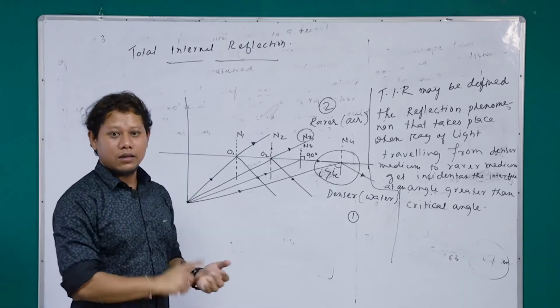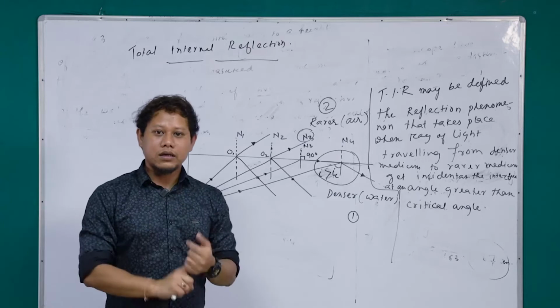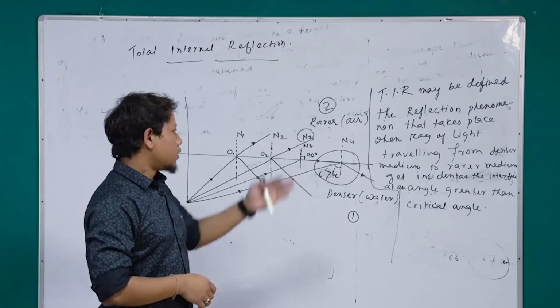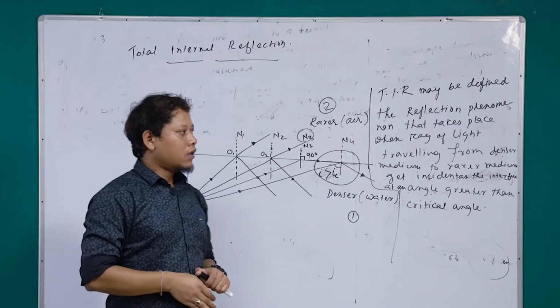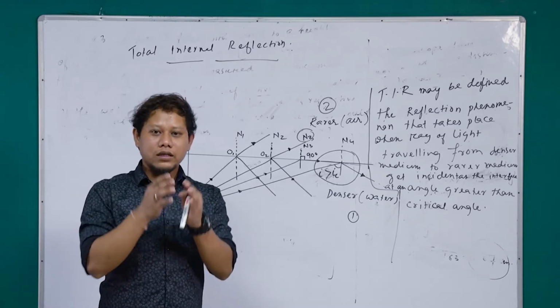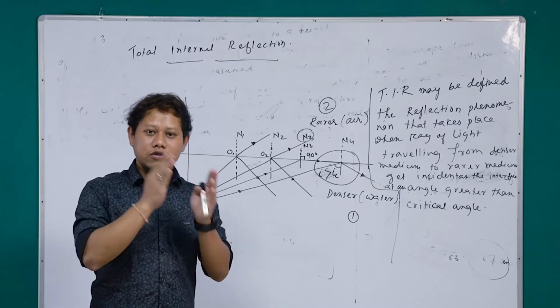We have already discussed what is internal reflection, what is critical angle, and what is total internal reflection. Now we'll try to find the relation between refractive index and critical angle.